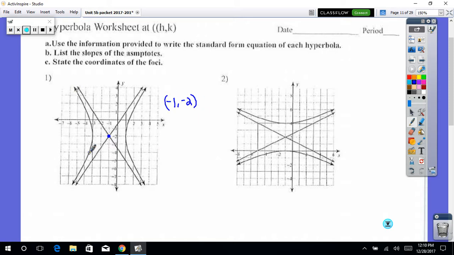It is an x hyperbola, so my x is going to go first. So we have x minus our x coordinate, which would give us a +1. Minus a minus is positive. y minus a minus also becomes positive.